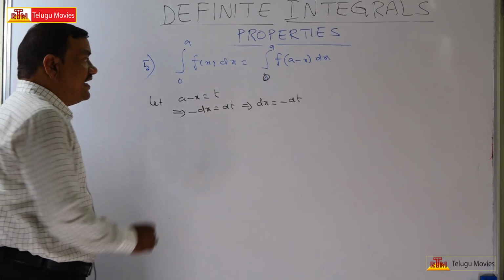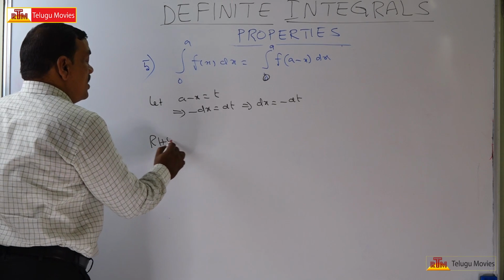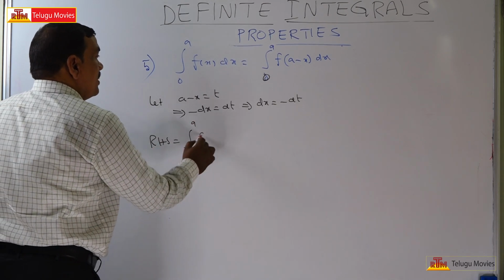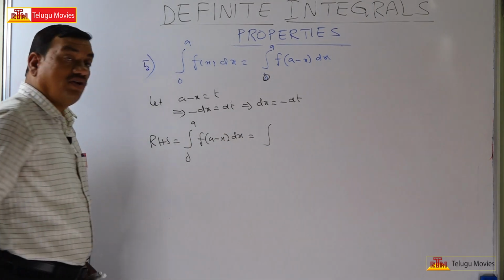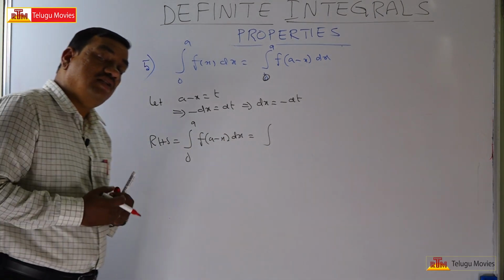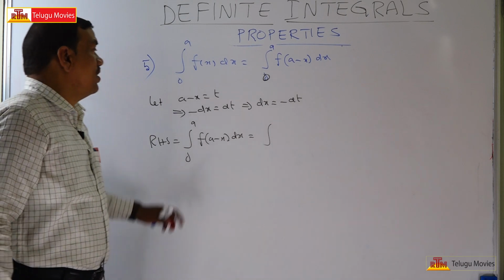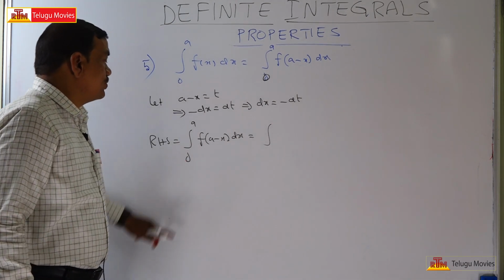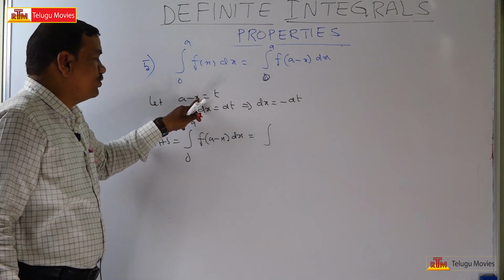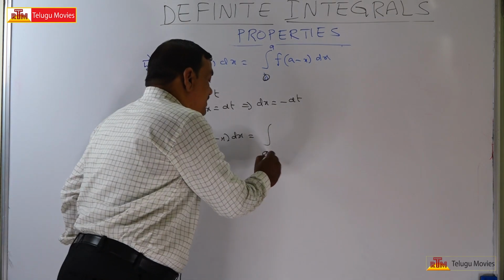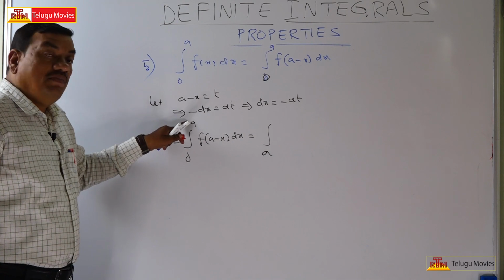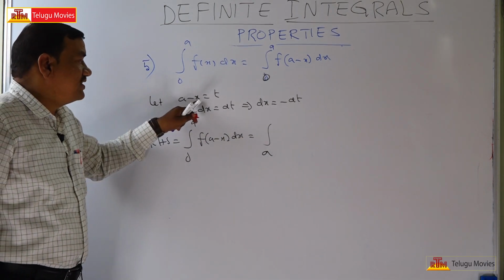Now let us take the right hand side part: integral 0 to a of f(a minus x) dx. Whenever we do substitution, the limits also change. What is the lower limit? 0. Substitute x equal to 0 here, then t is equal to a. So the lower limit is a. The upper limit is what? Substitute x is equal to a.